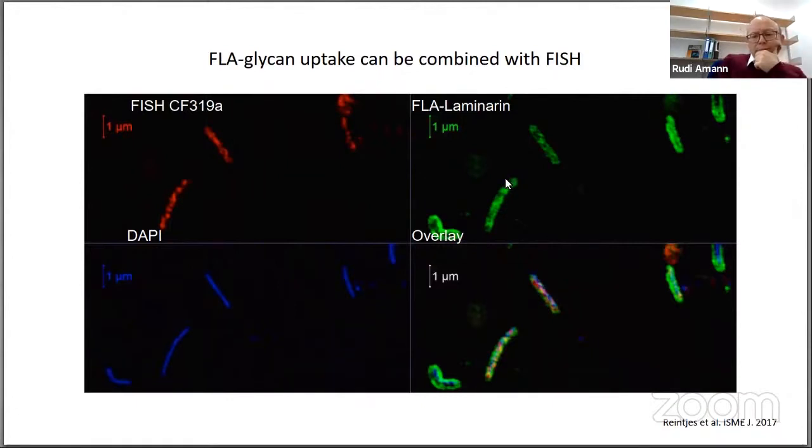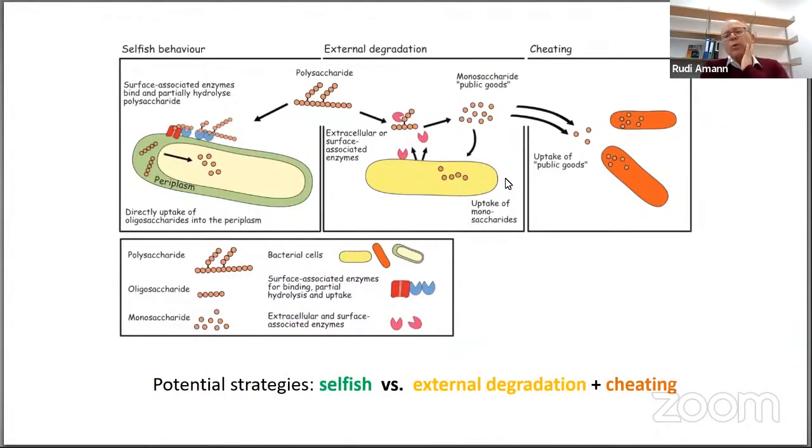Based on that, we can now predict that, unlike written in the textbook, where the assumption was that bacteria need to excrete exoenzymes in order to degrade polysaccharides into monosaccharides, which would be public goods also utilized by bacteria that don't have glycoside hydrolases, that don't degrade polysaccharides, so a system that is leaky and a system that is definitely also out there.